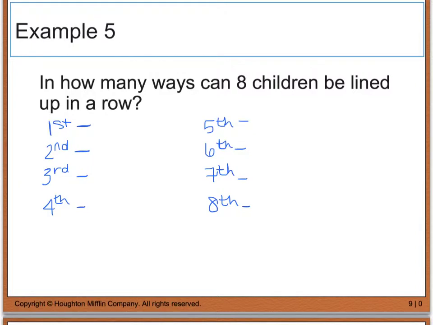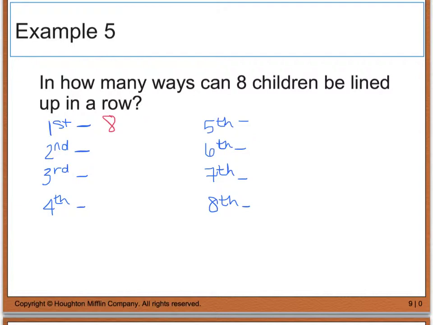So when we look at example 5, it says, in how many ways can 8 children be lined up in a row? Well, in this case, if you think about it, order matters. Once I select one of those children, that child is no longer able to be selected for another position. So when I go to select that first child, I have 8 children to choose from.